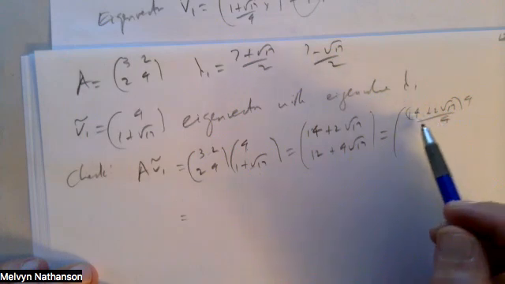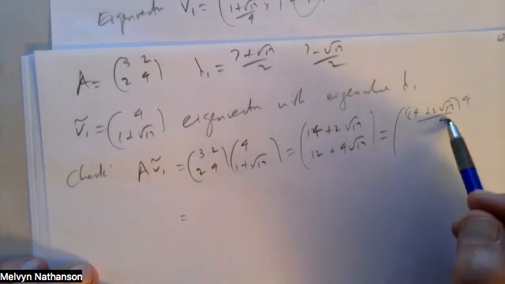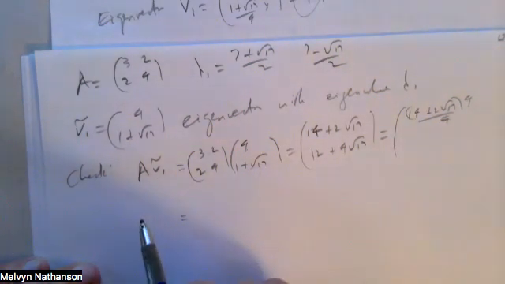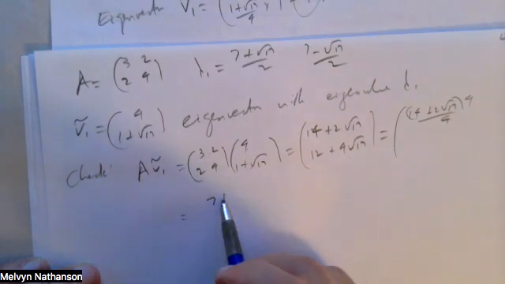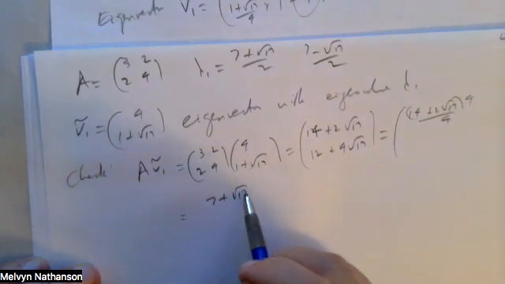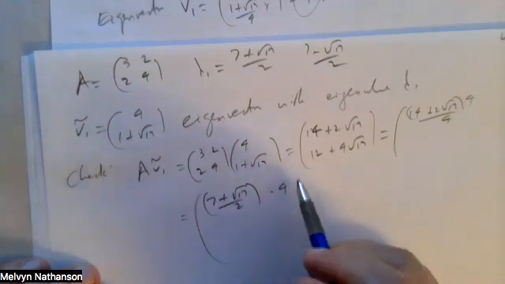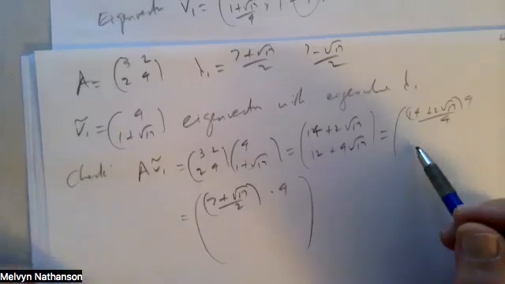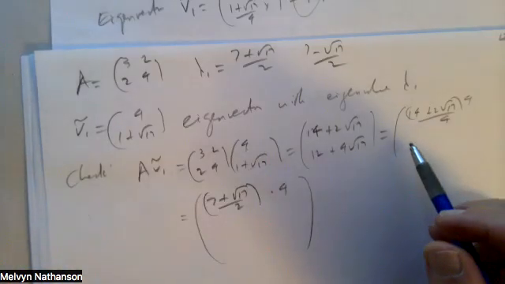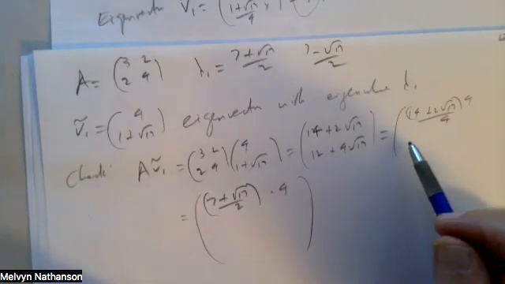Let me just check what this is going to be. So this is 14 plus 2 root 17 over 4. That's 7 plus root 17 over 2 times 4. And here, I want to say this is going to be something.